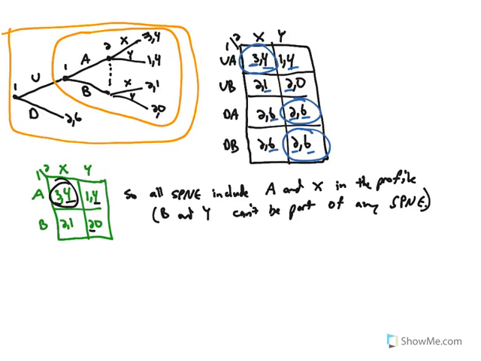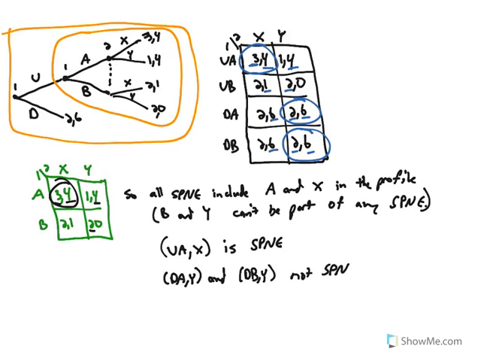And so, since Y can't be part of any SPNE, if we look at the Nash equilibrium of the full game, U, A, X is an SPNE, right? Because A is played, X is played, and it's also an equilibrium of the full game. But the other two equilibria, D, A, Y and D, B, Y, are not SPNE.